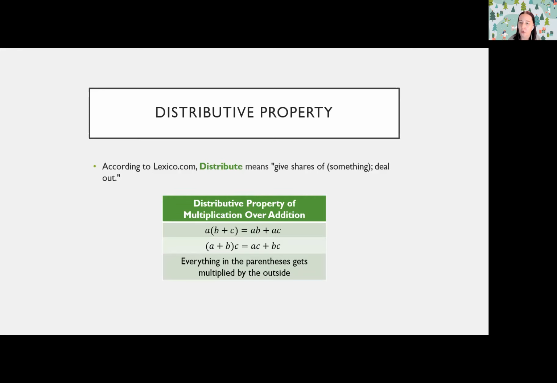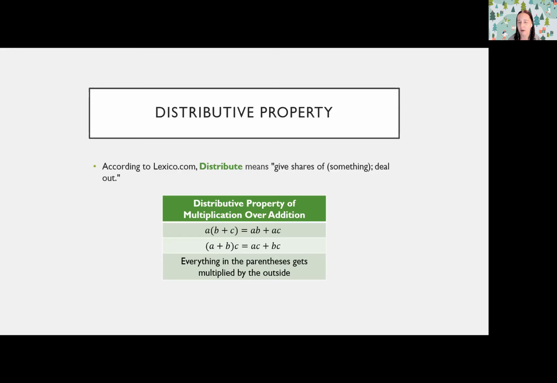The distributive property, or in long form, the distributive property of multiplication over addition. So if you look up distribute, it means give shares of something, deal out. You're sharing this thing to other things. So it basically means that if you have things multiplied together and inside the parentheses, you have more than one thing there, like added or subtracted, what's on the outside gets multiplied to everything inside the parentheses.